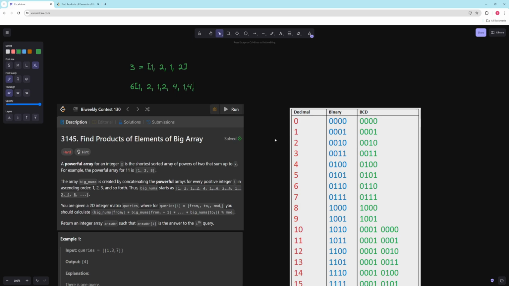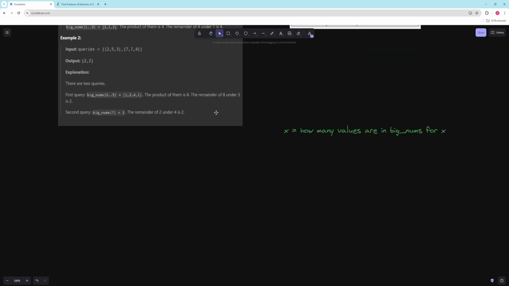So 5 would be like this, and 6 would be like this. So for 6, we would have, let's see, 4, 6, 9 values.